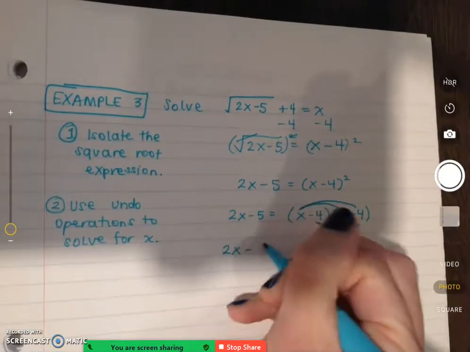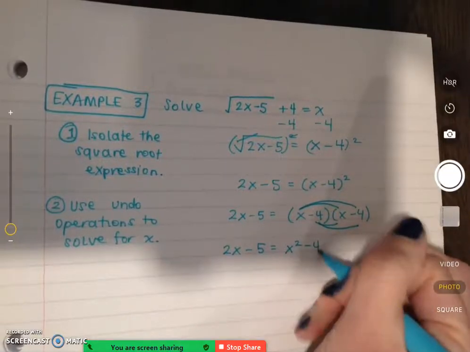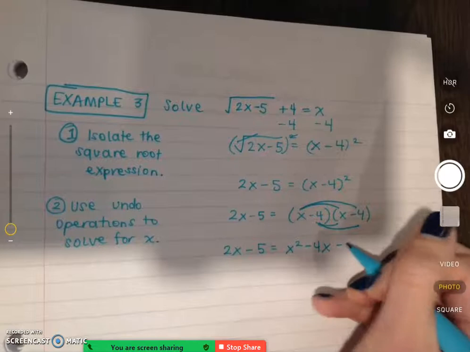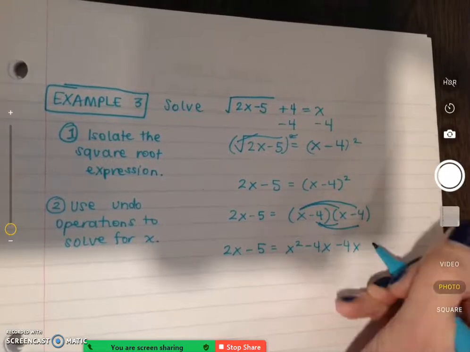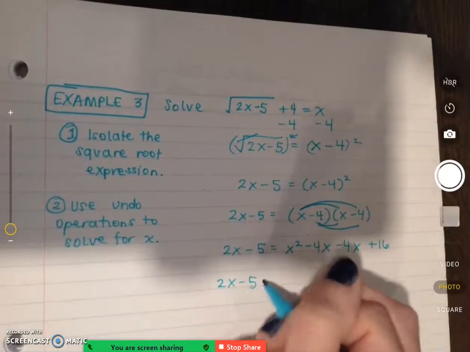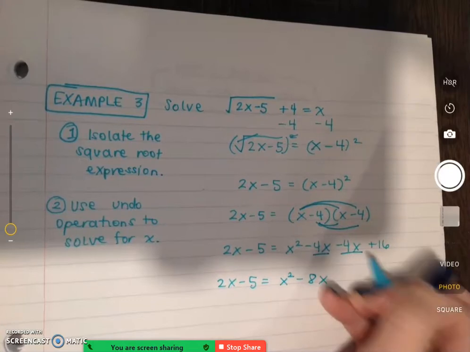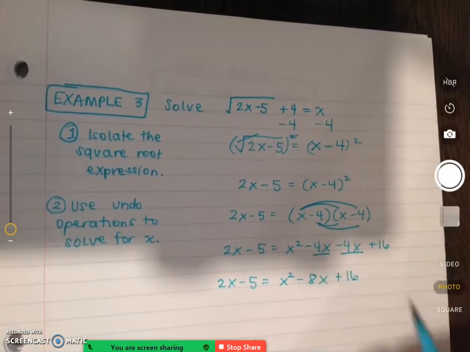So 2x minus 5 equals x squared minus 4x minus 4x plus 16. 2x minus 5 equals x squared minus 8x when you combine like terms, plus 16.